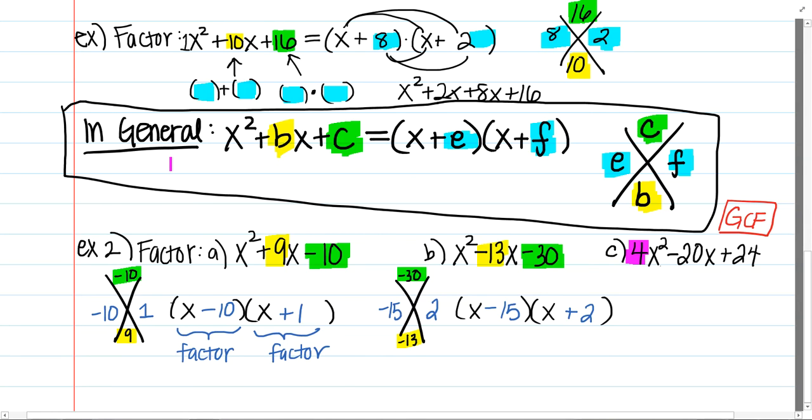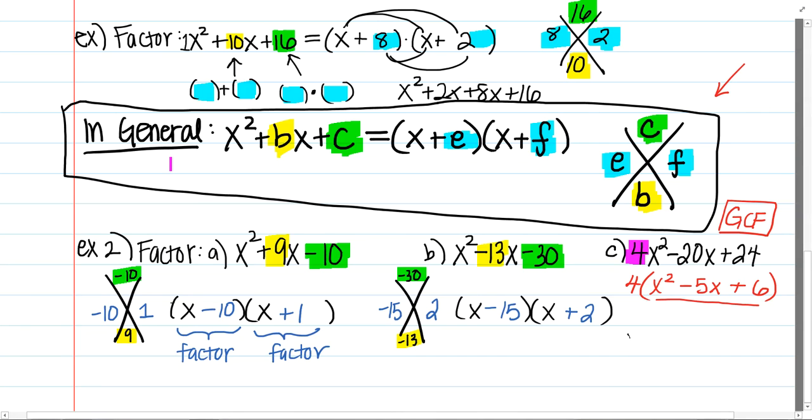We can take the 4 out. So I'm going to take the 4 out before I start anything. I cannot take an x out because 24 does not have an x. So I'm going to divide each thing by 4, and I get x squared minus 5x plus 6. Now, what I have inside the parentheses here, that is factorable using this method.